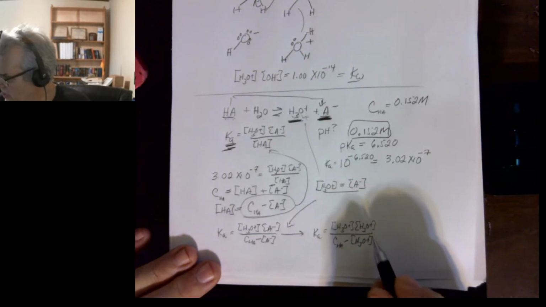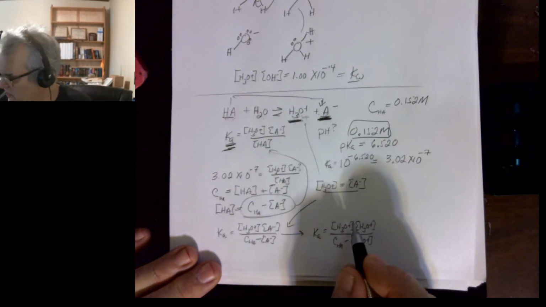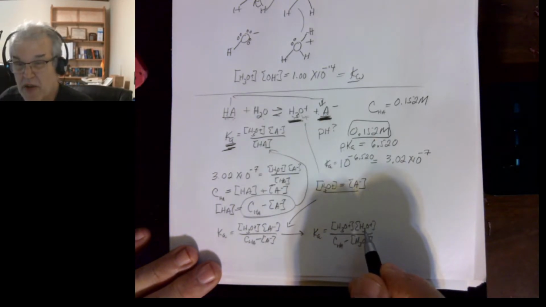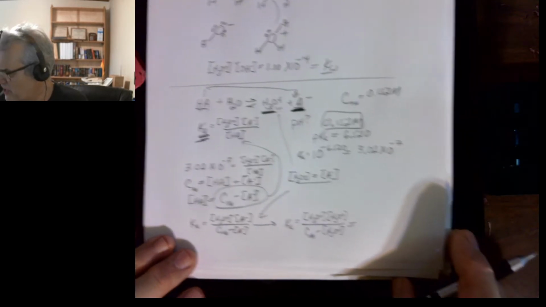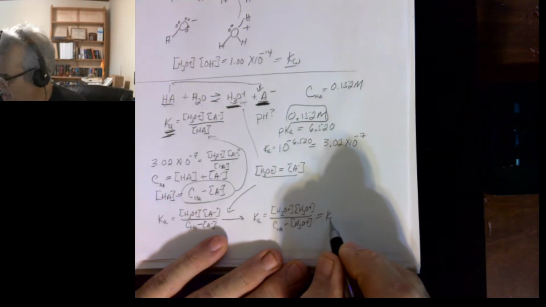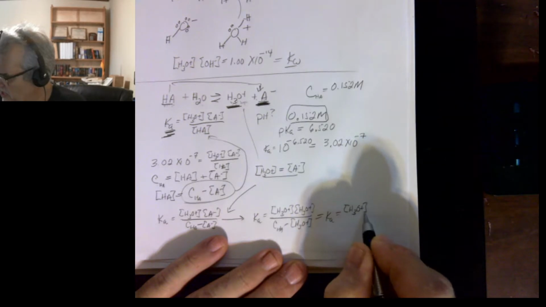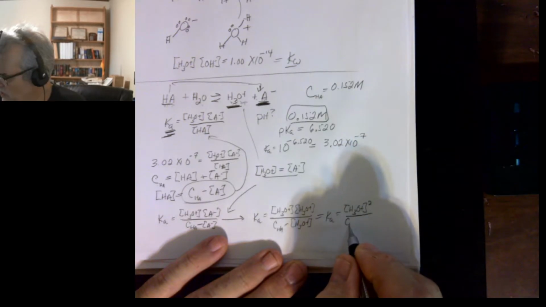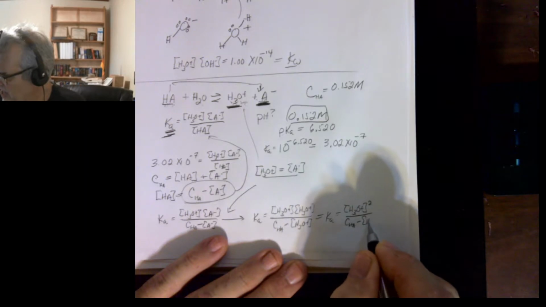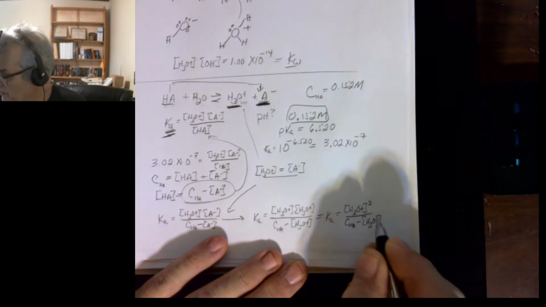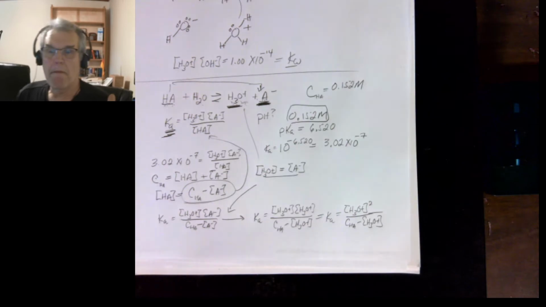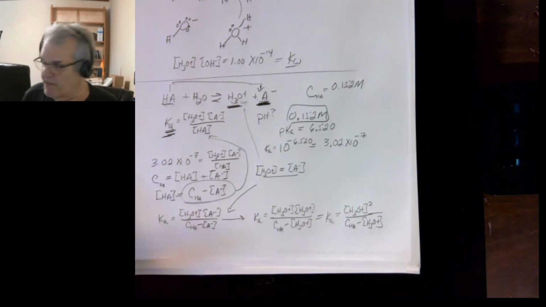Well, look at that. There's only 1 unknown. And actually for this, H3O plus times H3O plus, that's the same thing as H3O plus squared. So I can say Ka is equal to H3O plus squared over top of CHA minus H3O plus. 1 unknown. Bingo.